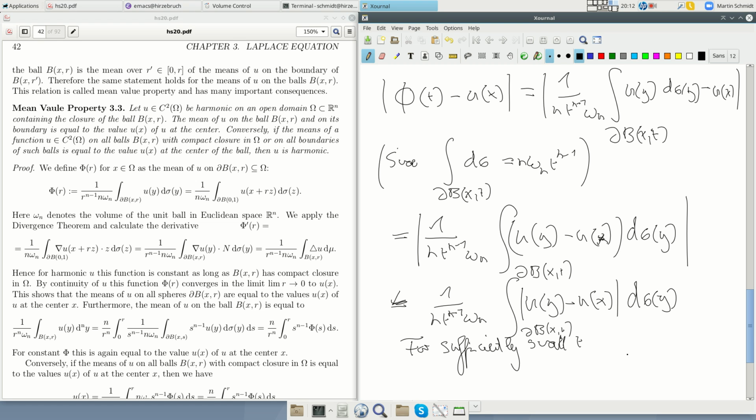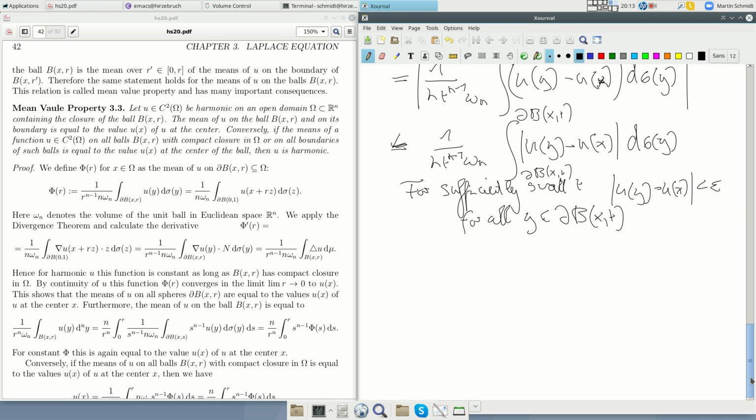Then we have u of y minus u of x smaller than epsilon for all y in this boundary, since it's by continuity.